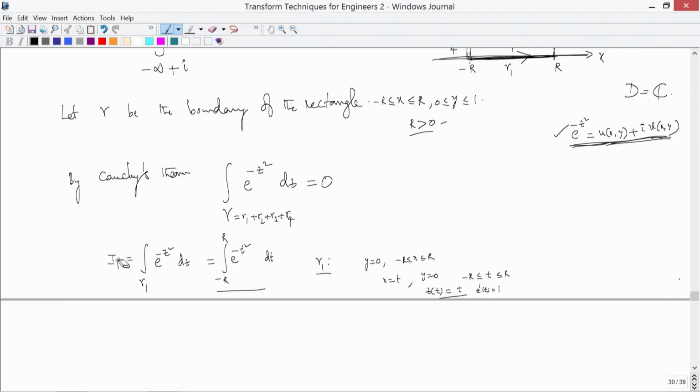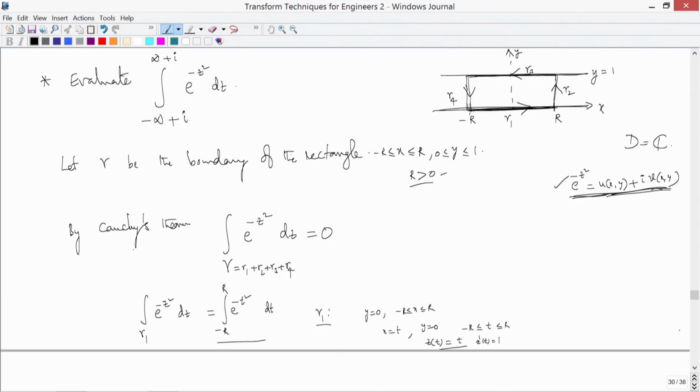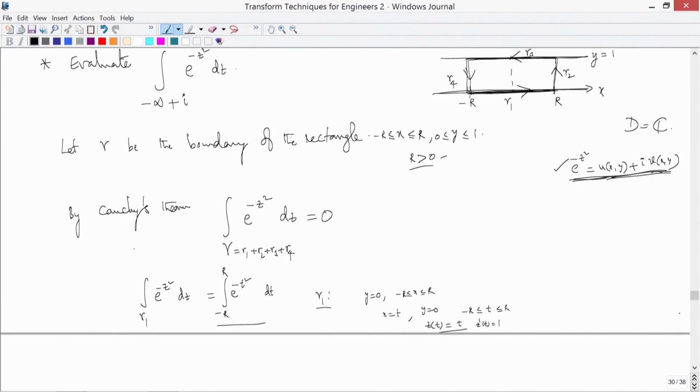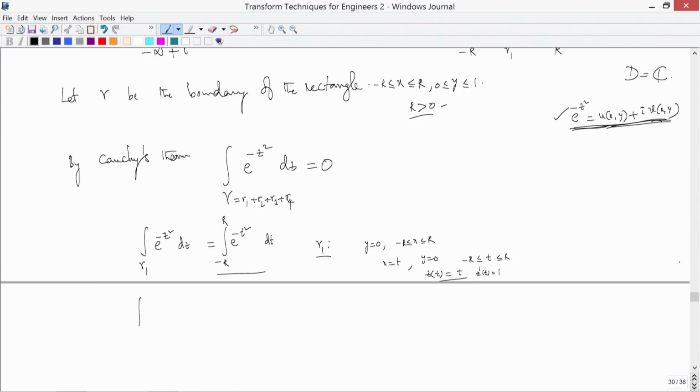Okay. So, just let me write only this one, I will not use many notations. So, similarly you can calculate gamma 3, the integral of e power minus z square dz. In the same way, if you do the parameterization, this is actually y equal to 1, x between minus r and r. So, z of t is, x of t is t, y is 1.